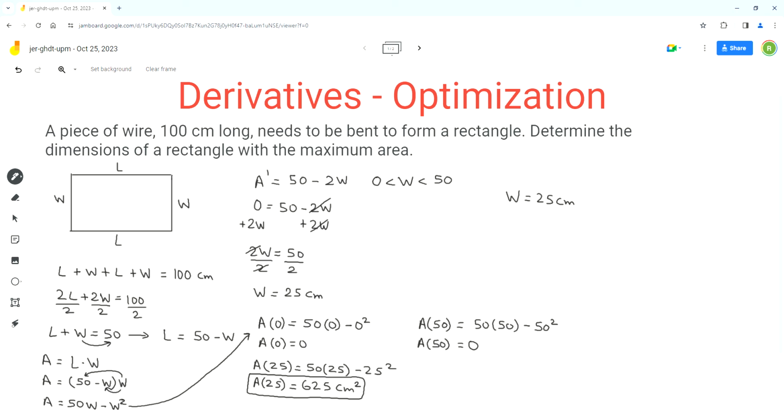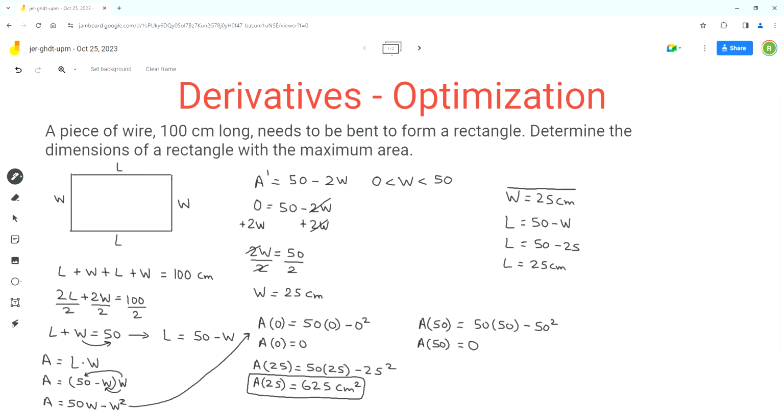Now we'll also have to calculate the value of L because dimensions include both length and W for a rectangle. And for length, we got the expression L equals 50 minus W. Now we'll sub in W as 25, so 50 minus 25, so L equals 25 centimeter.